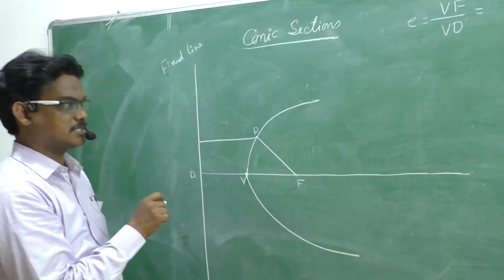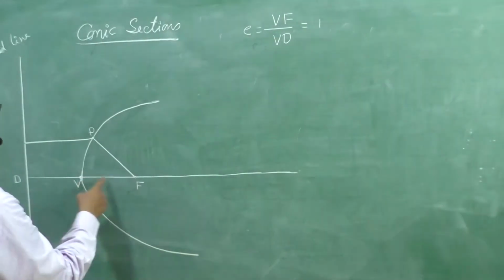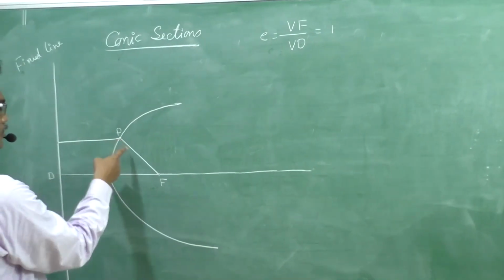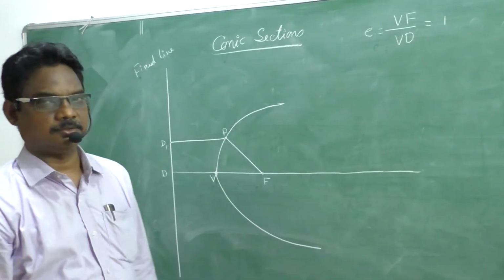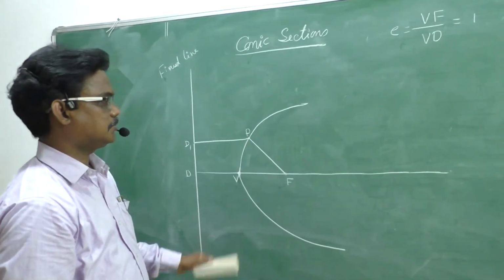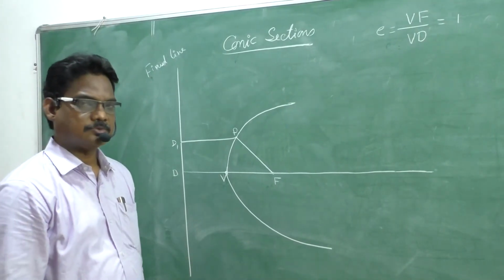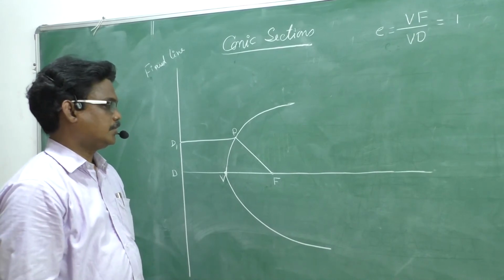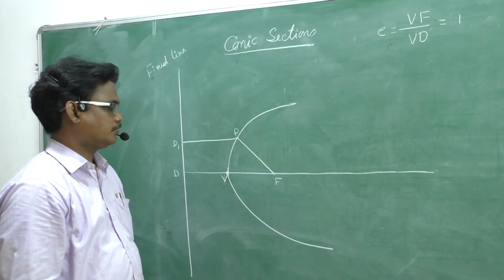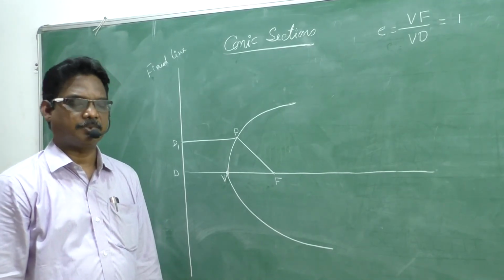That ratio is equal to 1, because VF by VD equals 1, and PF by PD also equals 1. Therefore, mathematically we can define a parabola as a curve which follows the ratio of fixed point to fixed line equal to 1.